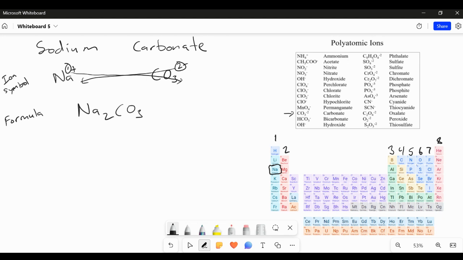And if we check the charges here, CO3, that has a 2 minus charge. Sodium has a 1 plus charge. But because there's 2 of them, that's 2 plus overall. Which means we can now see 2 plus and 2 minus 2, that's equal to 0, and we are neutral. So this is the correct formula, Na2CO3. The name for this is going to be sodium carbonate.